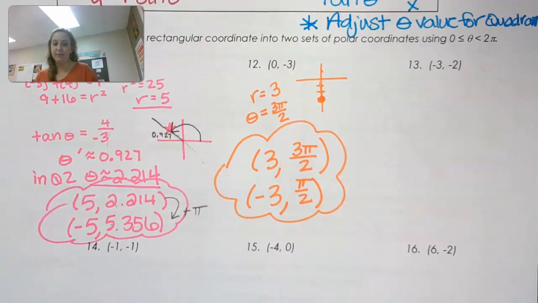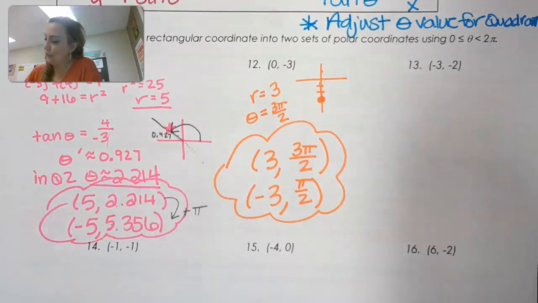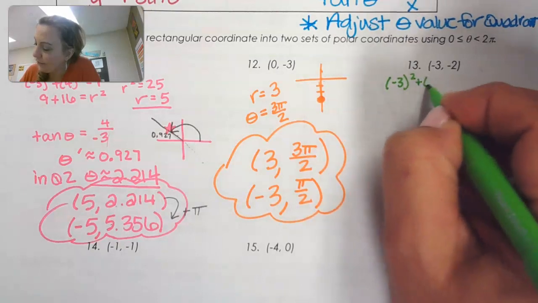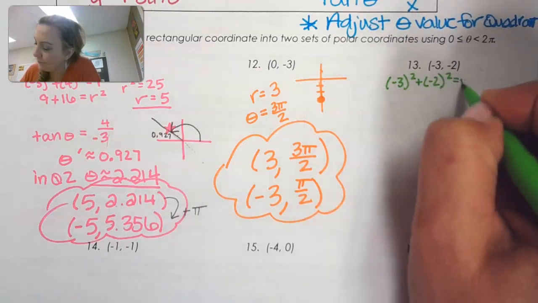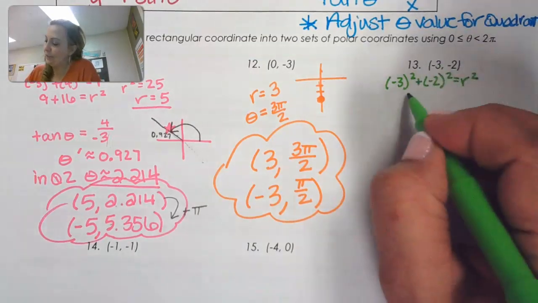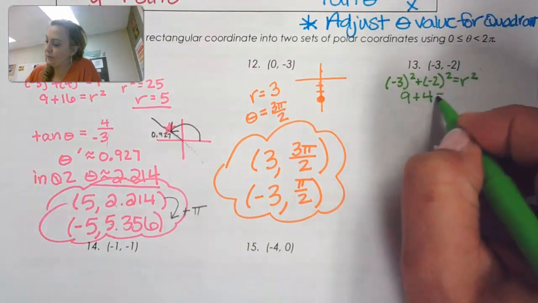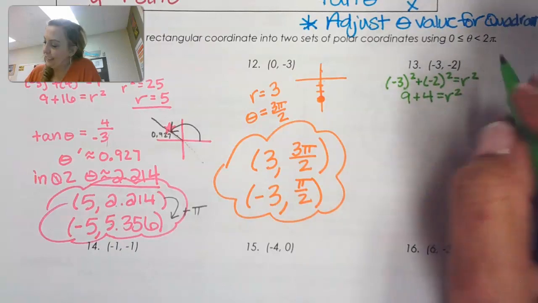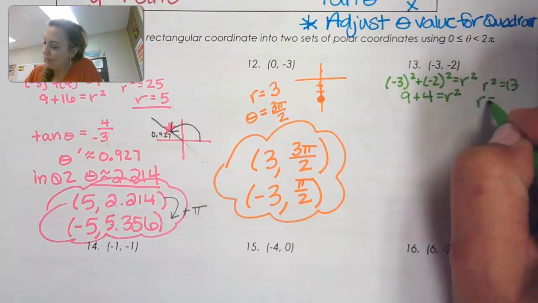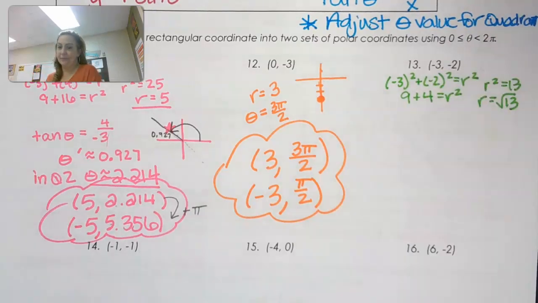In number 13, we have -3, -2. Well, maybe the first thing I want to do is find my R value. So I can see that this is going to be 9 plus 4, which is 13. So my R is going to be √13.